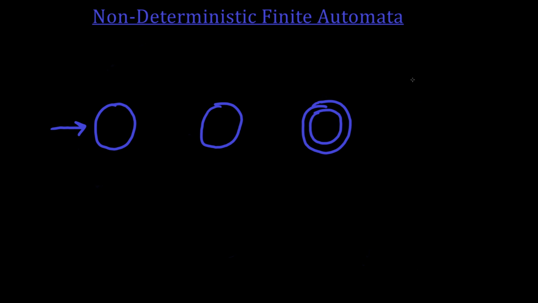And that's not going to be useful in pretty much every situation. So in most cases, we're going to want to include at least one accept state in our NFAs and DFAs. So let's say that this last state here is going to be our accept state for our NFA. Cool. So we have a start state, we have our set of accept states, and we have our overall set of states Q.